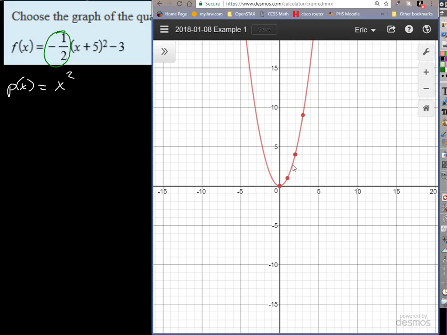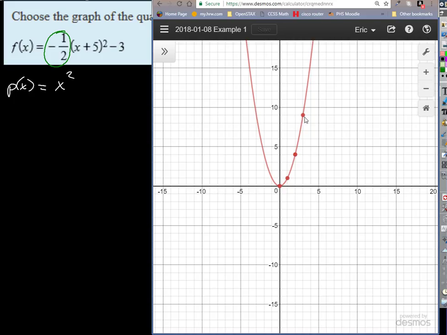So if I multiply that by negative 1/2, look at those points. These are just the regular points on our parent graph. We know we go over 1 and up 1, over 2, up 2 squared, over 3, up 3 squared, right?